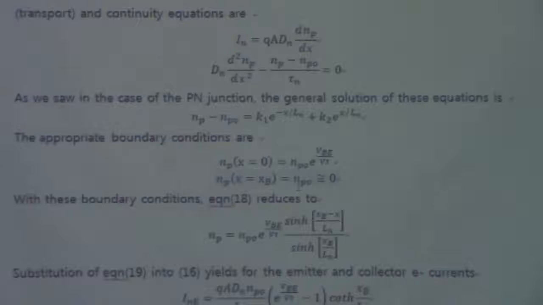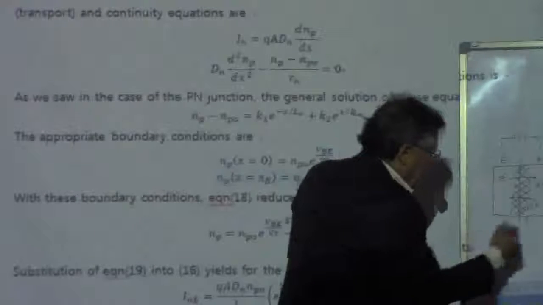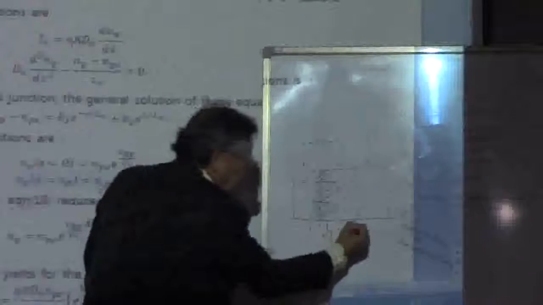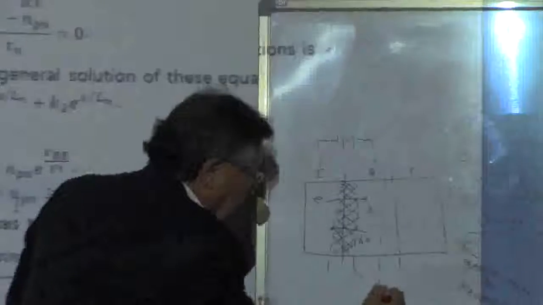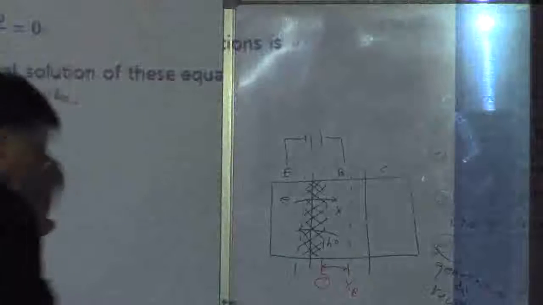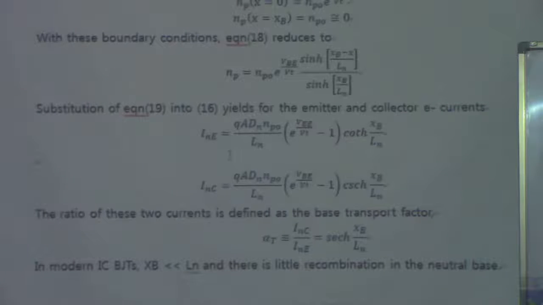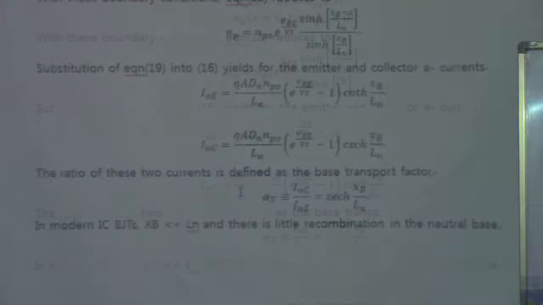That x equal to 0 is here, and then this here is x equal to xb. That is the base width. And with the boundary conditions, we get the current at the emitter and the collector.